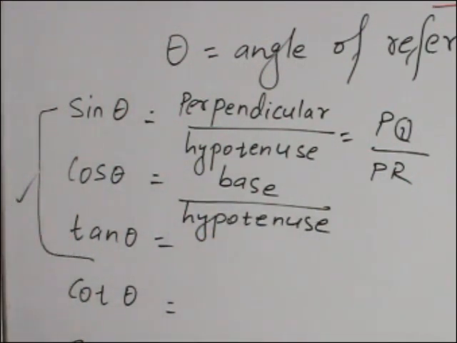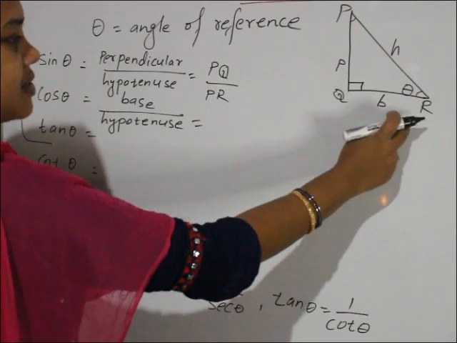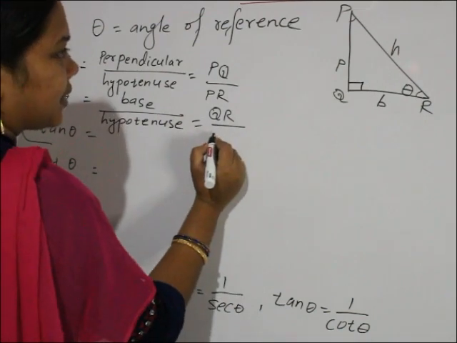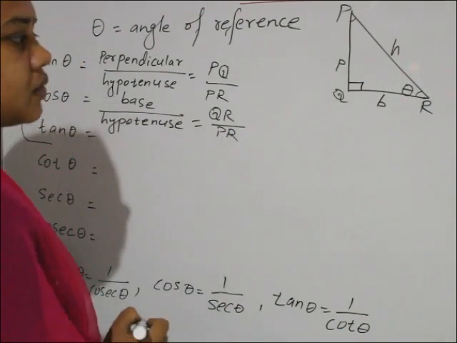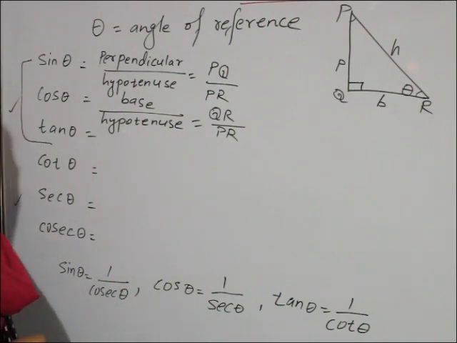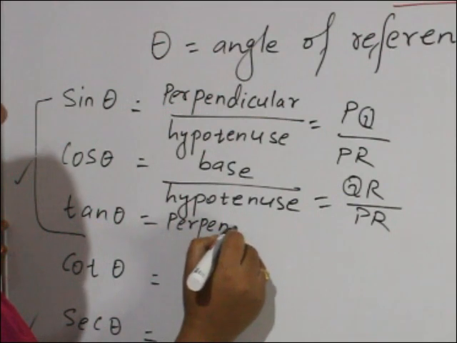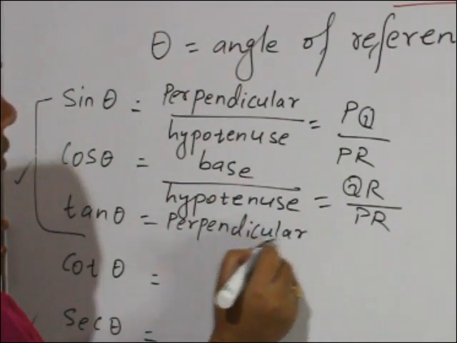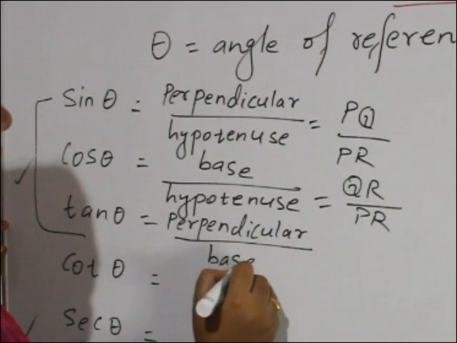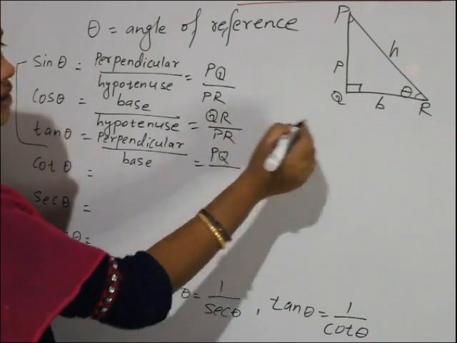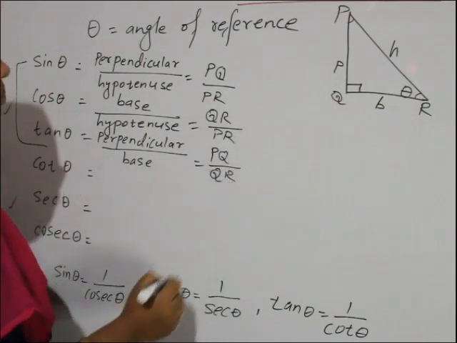Cos theta is equal to base by hypotenuse. So what is base? Base is QR, and hypotenuse is PR. So sin theta is P by H, cos theta is B by H, whereas tan theta is perpendicular by base, P by B. Perpendicular is PQ and base is QR.